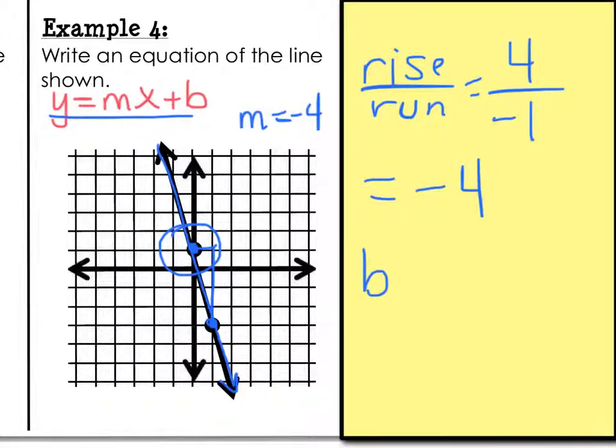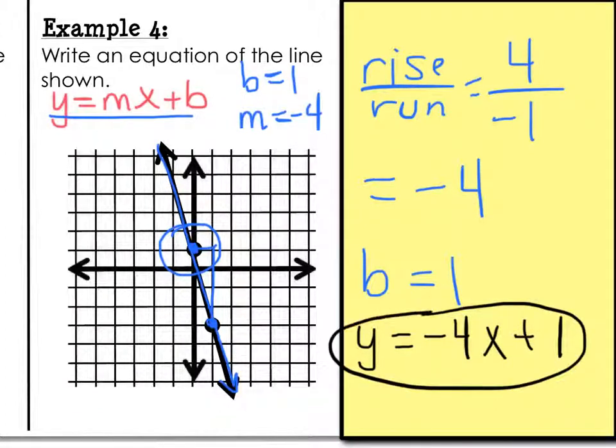So since it crosses at y equals 1, that means our b equals 1. So using those two pieces of information, we're able to rewrite our linear equation by substituting the values in, so that we get y equals -4x plus 1. And that is the equation for this particular line.